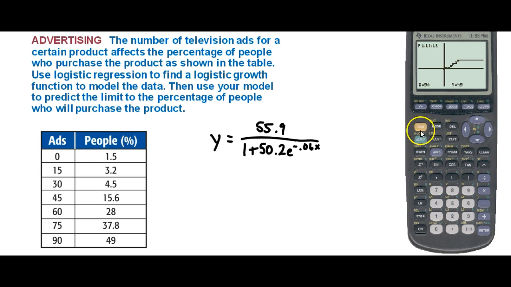Let me actually turn my stat plot off so I can trace the model. So I'm going to go to second stat plot and turn that off and just go back to the graph. So now when I trace it, it won't be on my stat points. It'll be on the actual function here.